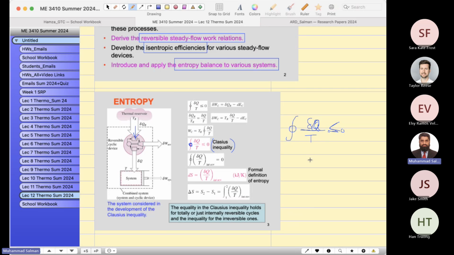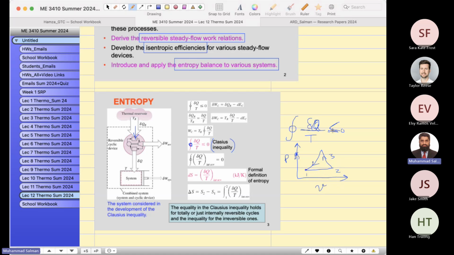And in a cycle process, suppose this is a PV diagram, this is process 1 to 2, 2 to 3, 3 to 1. This is a complete cycle. Initial and final states are the same state point.